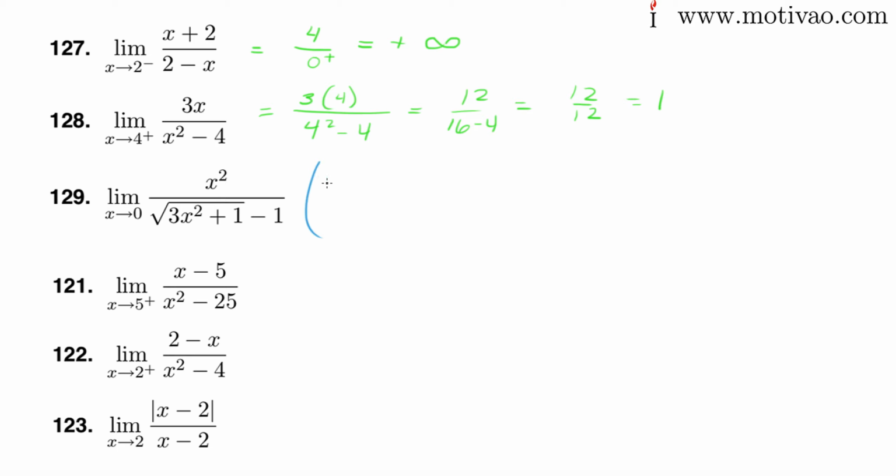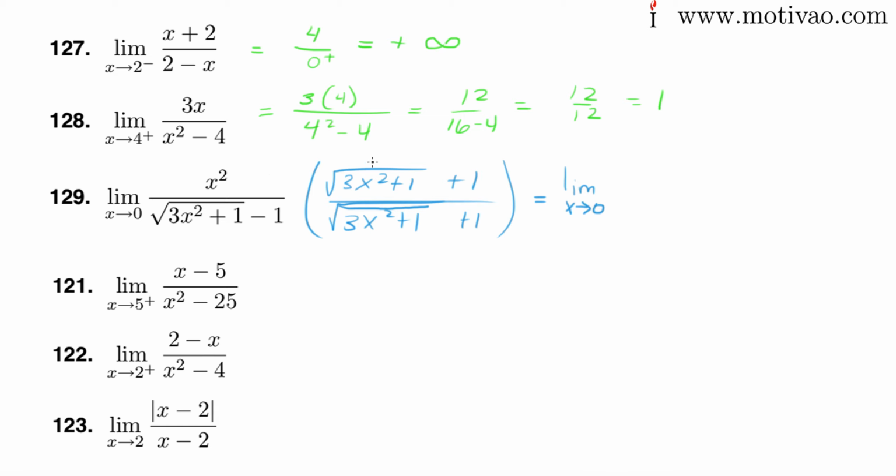So the conjugate of the denominator is the square root of 3x squared plus 1, and then plus 1 outside. Okay, notice that before I multiply by the conjugate, I should have checked if it gives you 0 over 0, and it does. If you plug in 0 for x, you get 0 in the bottom. So this is where we have to use the conjugate rule.